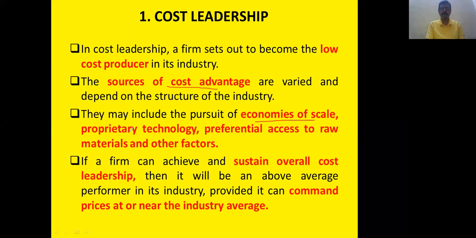Sometimes if the raw material producers themselves start manufacturing the goods, they can also become cost producers. If they are cost producers, they don't need to worry about sustainability. They can exist in the market like India for a long period of time. They can also compete easily in the industry, especially in the Indian markets, to the maximum extent.